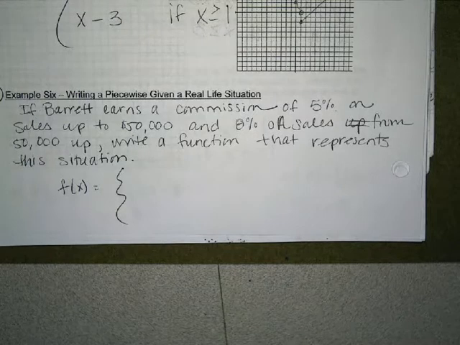But how many different things do I have going on here? I have two, right? Because I have two commissions based on two different price ranges. But it's all talking about Barrett's commission, so it's two things that represent the same situation. Now, when you find 5% of something, like if I wanted to find 5% of 20, that means I'd have to multiply 20 by what?